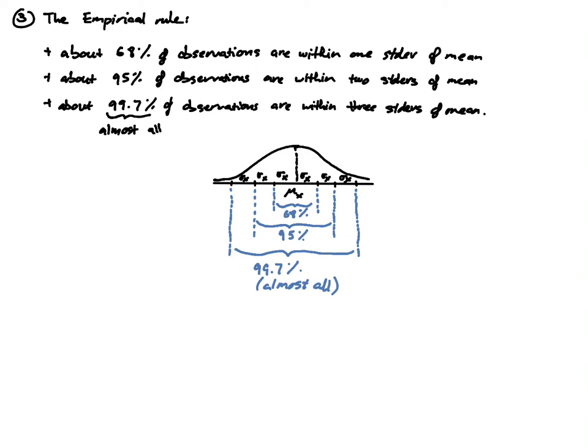Now note that when we say within a given number of standard deviations away from the mean, we are talking about being both smaller than the mean and greater than the mean, right? So as indicated in this figure. So let's look at an example. I'm going to write my example over here.